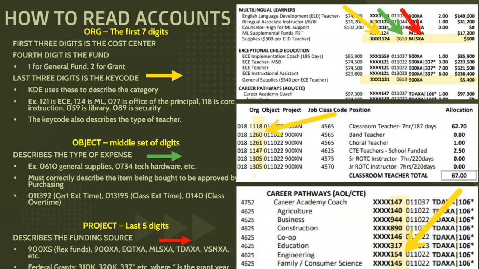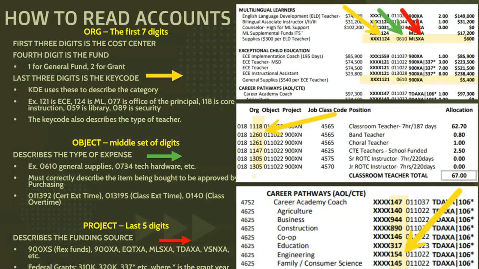Now the object tells the type of expense. 4-digit objects refer to items such as general supplies or tech hardware, and that's the green arrow you see at the top there for an example. But honestly, when you see other objects on this page like 011, 022, that is a teacher object.